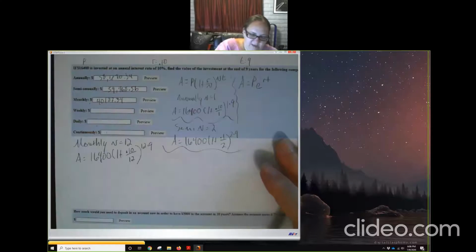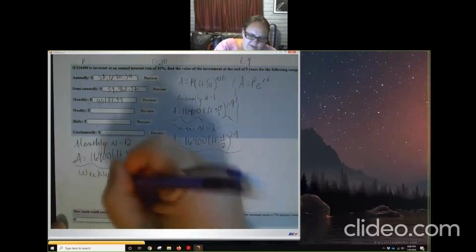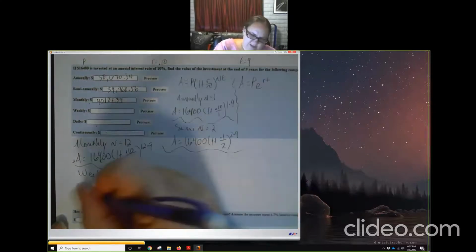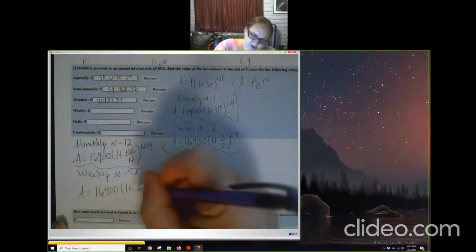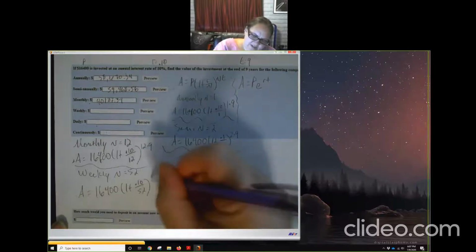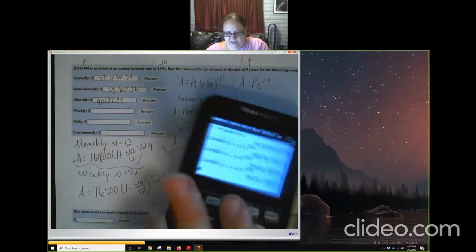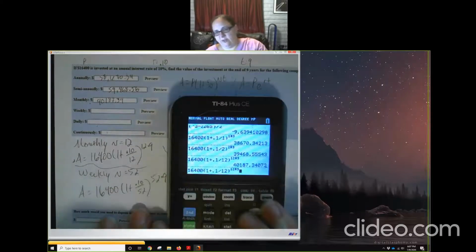And then weekly, N equals 52 because there are 52 weeks in a year. So A equals 16,400, 1 plus 0.10 over 52, and then 52 times 9. So again, that second enter is my friend on this one because I don't have to redo the whole thing.